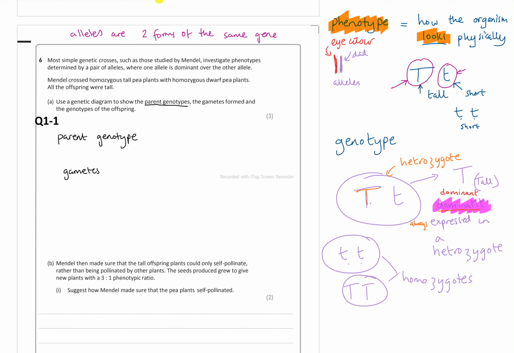Gametes are another word for sex cells. There you go. And then the last one is the genotypes of the offspring.